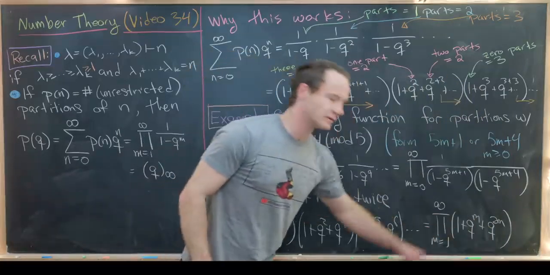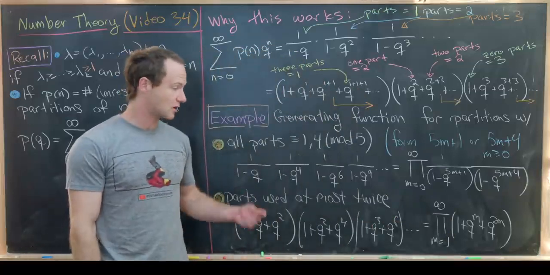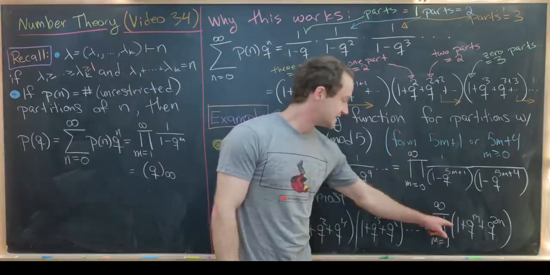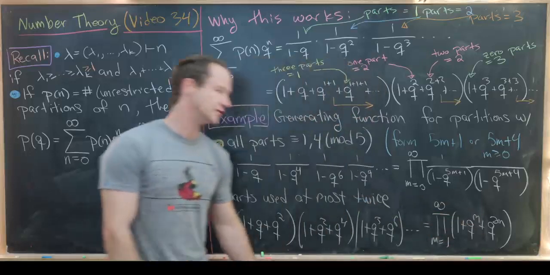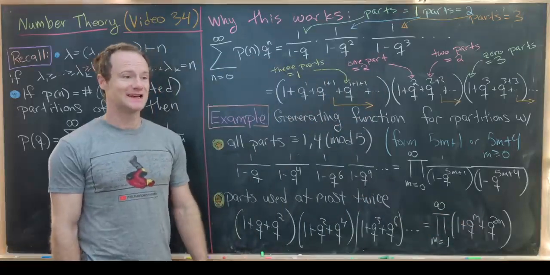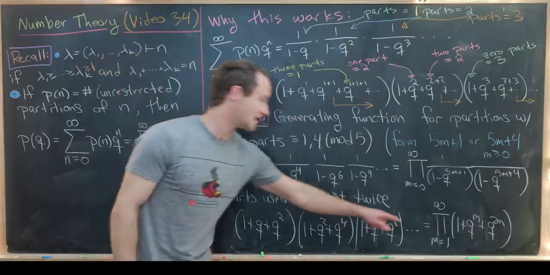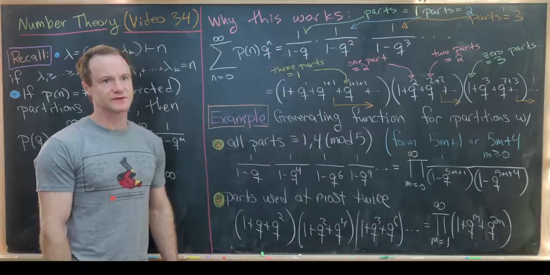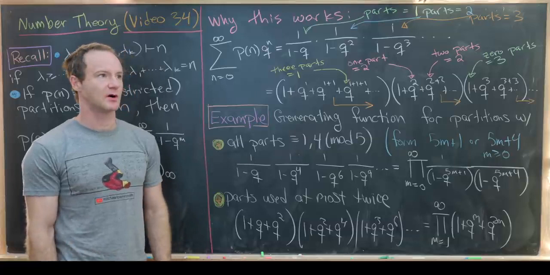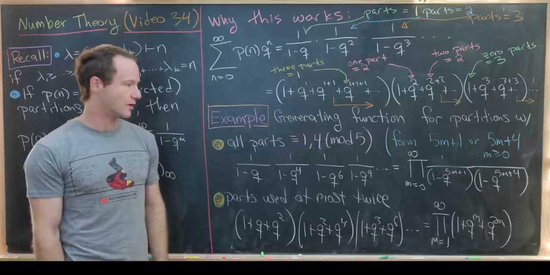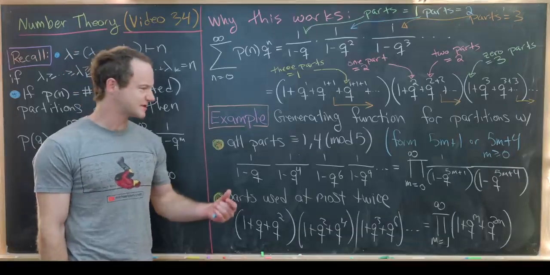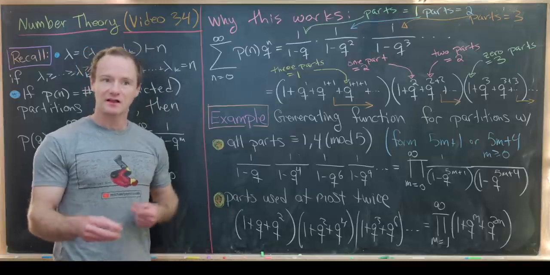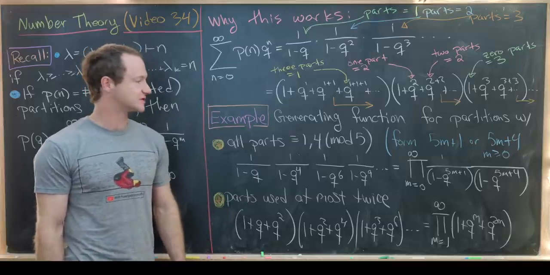So this portion would be like using a part which is equal to m 0 times, 1 time, or 2 times. Now there's a nice identity that I assigned to my class which allows us to write this object in another form, which represents partitions where the parts are congruent to 1 or 2 mod 3. That's a pretty famous result. I'll let you guys try that on your own if you're interested.